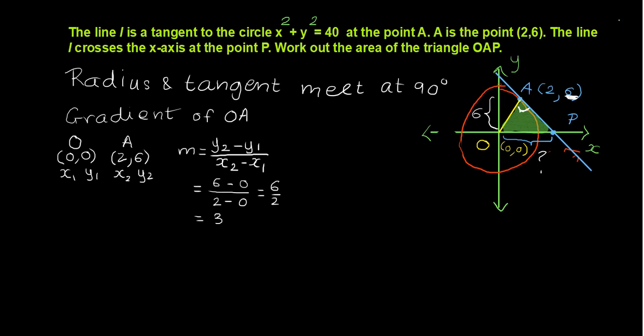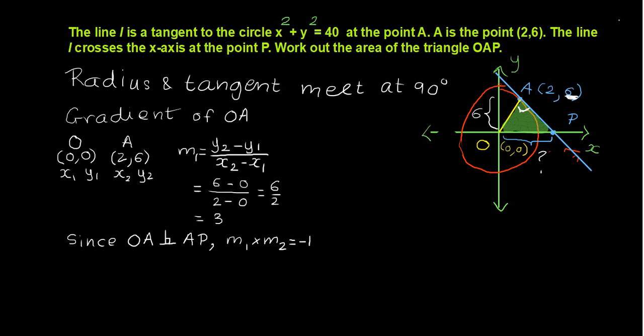Okay, since OA is perpendicular, that's the symbol for perpendicular, that means it meets at 90 degrees with AP. Let's call this gradient M1, and the gradient for AP, let's call that M2. M1 times M2 is equal to minus 1.